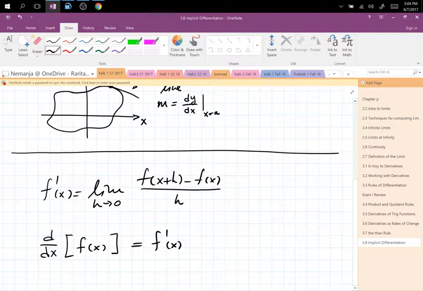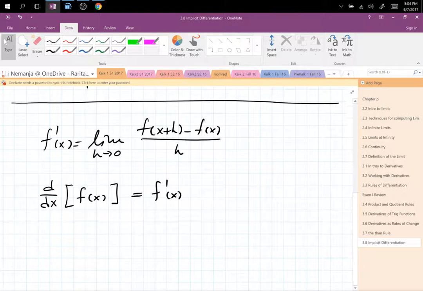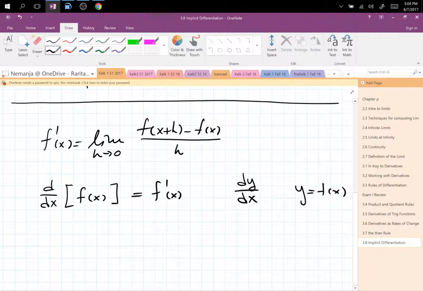So that's the notation, right? We also know that we can use Leibniz notation, which is dy dx, because this y is actually f of x, which tells us that there is a multiplication here, which we don't write, between d dx and f of x. Further, this part over here is called the differential operator.